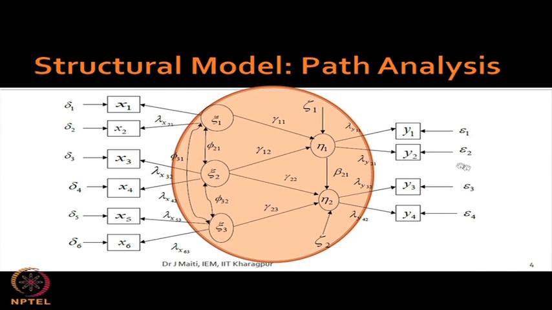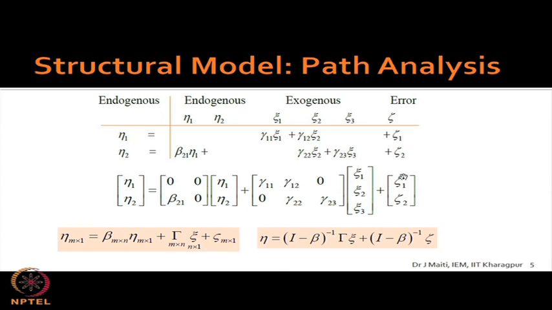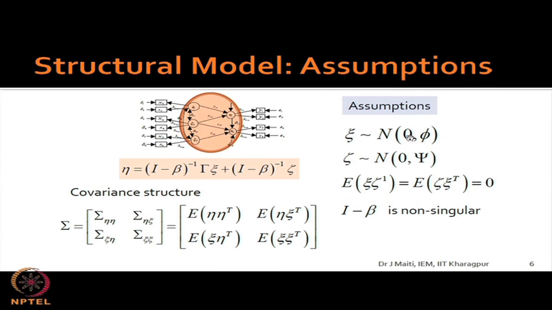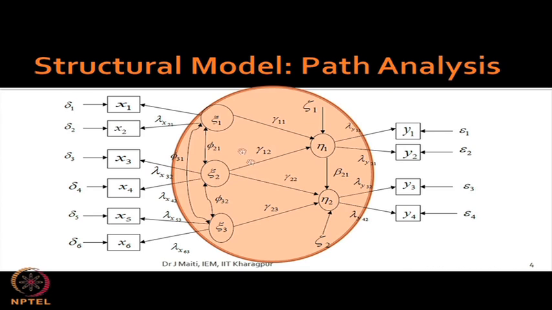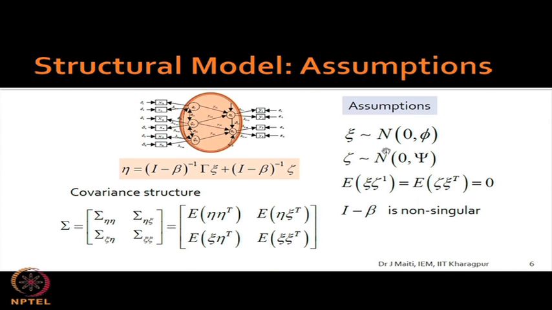Okay. So, these are the assumptions of the structural model in structural equation modeling. So, you just see what we have done: we said that these are the zeta and they are the xi, they are uncorrelated. We cannot make correlation between these. This is a mean subtracted observation, in the sense their mean value is 0. And how many xi are there, we have considered n xi, and m zeta.